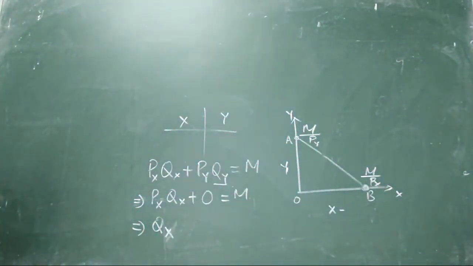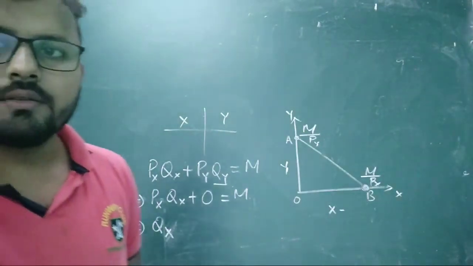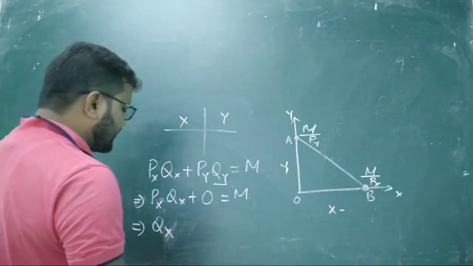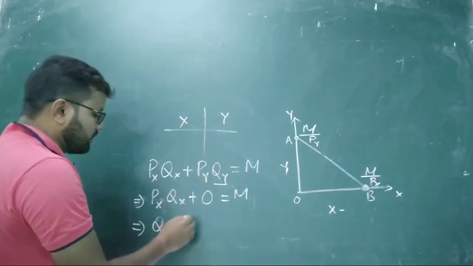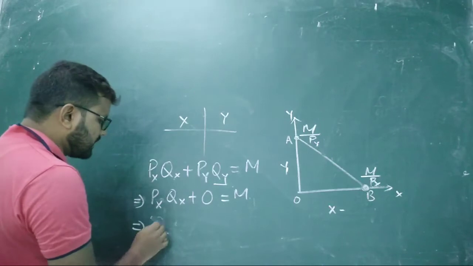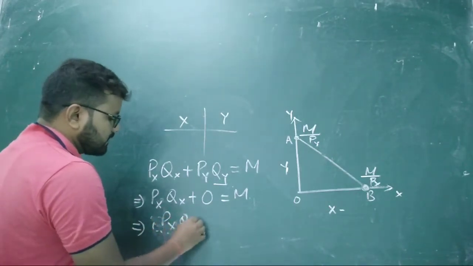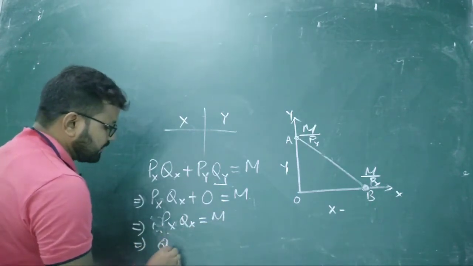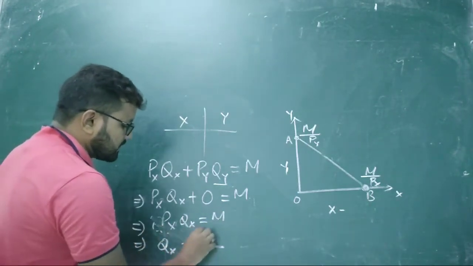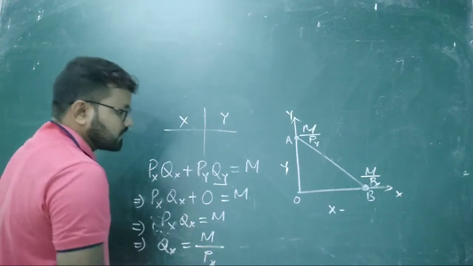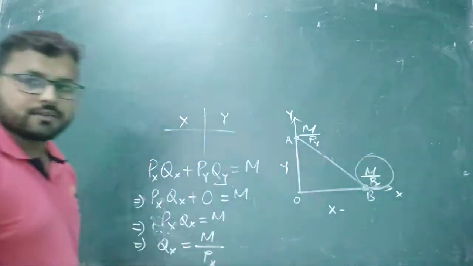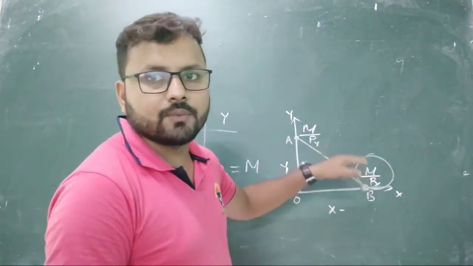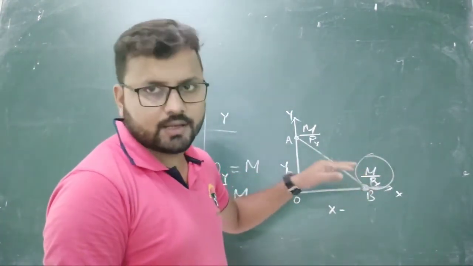To determine Qx, we assume Qy as 0, so Px Qx becomes equal to M. The amount of Qx is M divided by price of X, which indicates the consumption of only commodity X.